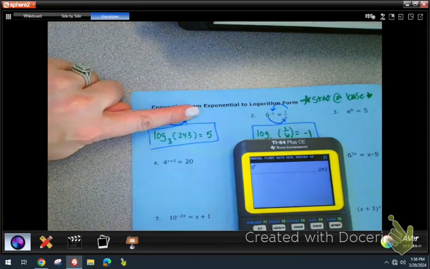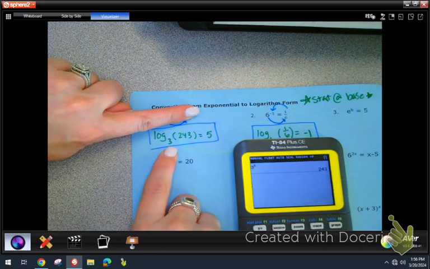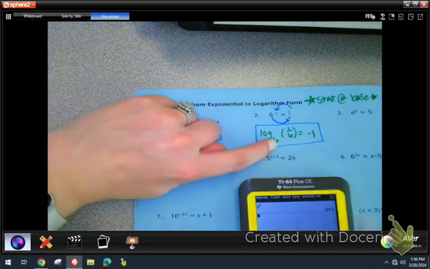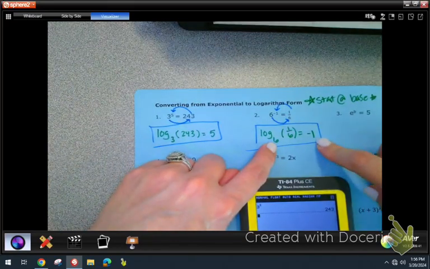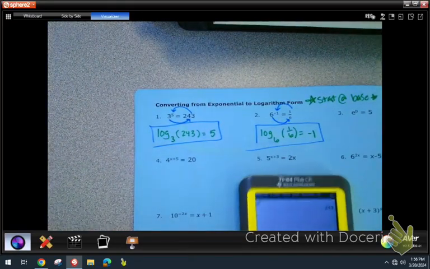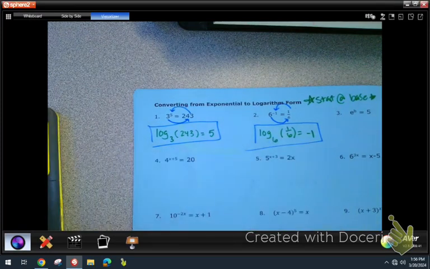So eventually you're going to get to evaluate, and you'll say okay, what power do I need to raise my base 3 to end up at 243? What power do I need to raise base 6 to end up at 1/6? That's kind of how that connection works. And so understanding, again, exponent ways is usually easier to do in your head versus log.